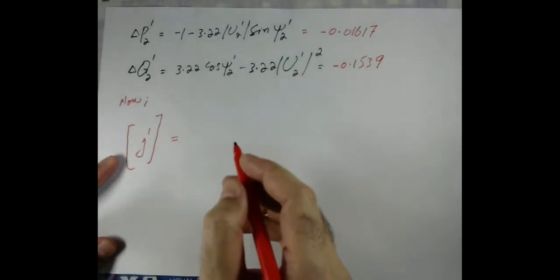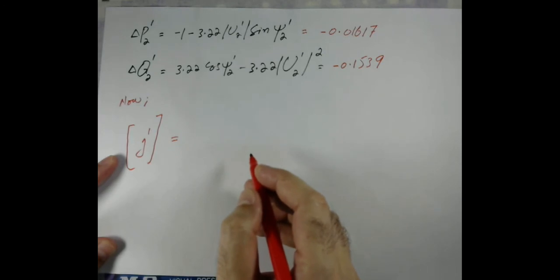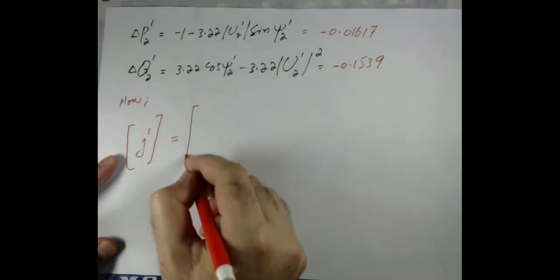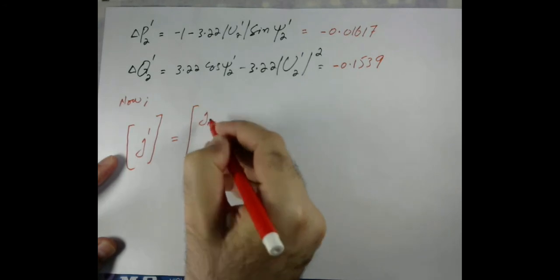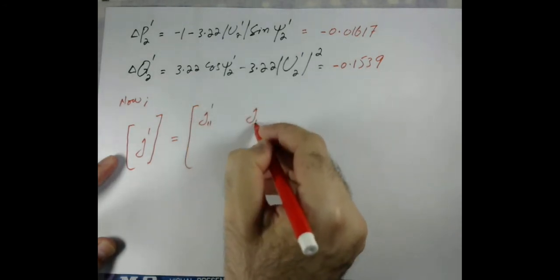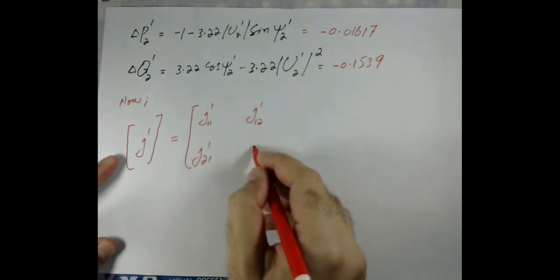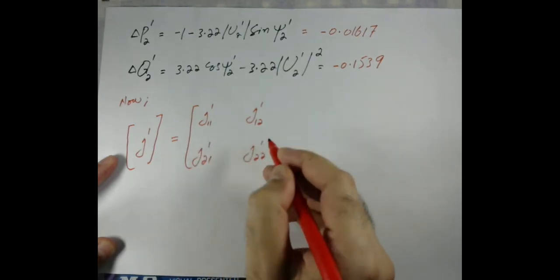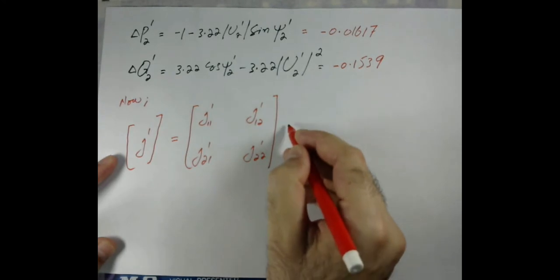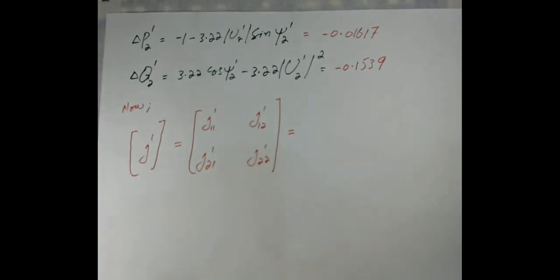I will directly write those entries, J11^1, J12^1, J21^1, and J22^1. You can do the calculation yourself.